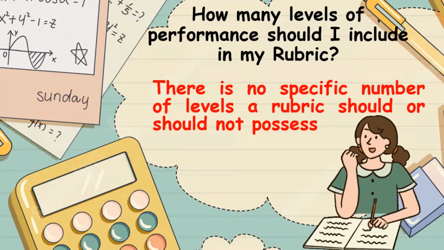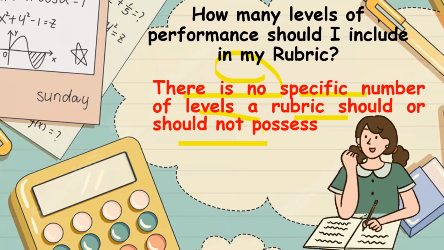So how many levels of performance should I include in my rubric? I want you to remember that there is no specific number of levels a rubric should or should not possess. It will vary depending on the task and your needs. A rubric can have as few as 2 levels of performance, for example a checklist, or as many as you decide is appropriate.